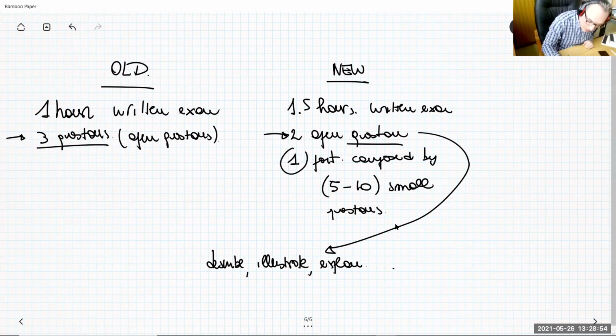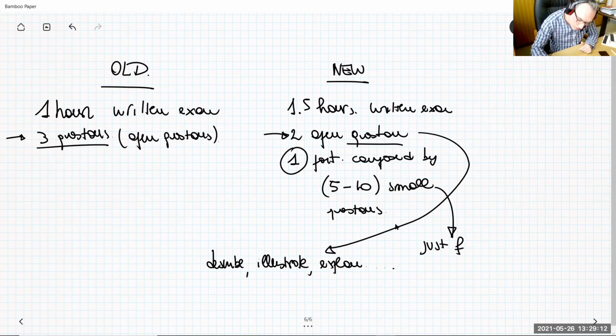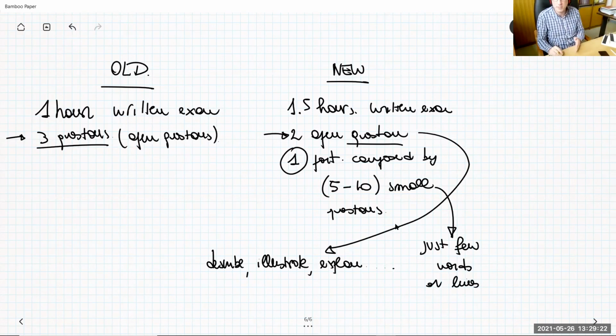The other part, which is composed of 5 to 10 small questions, are questions you can answer in just a few words, or a few lines, 3 lines. It's not a long explanation, because the question will be very specific.